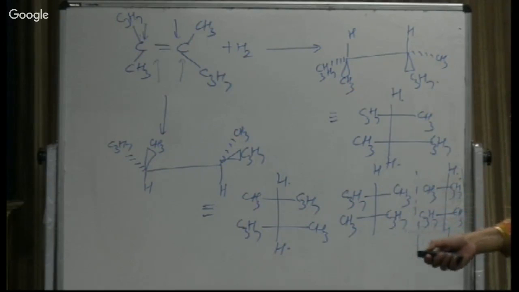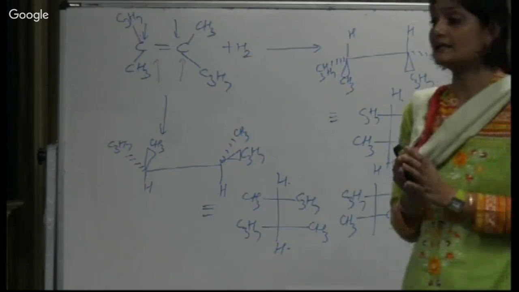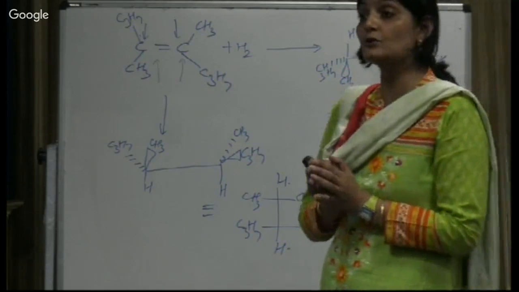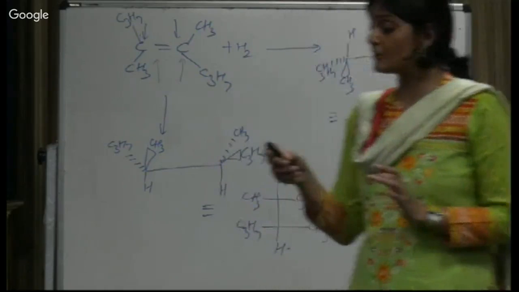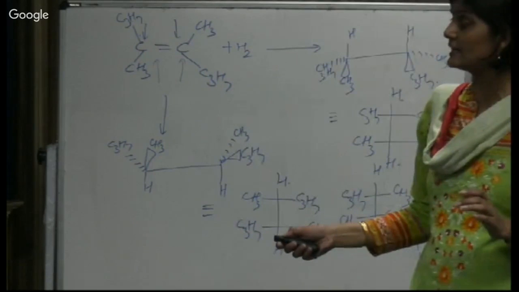The next method of preparation is from the alkyl halides. Now, I told you that alkyl halides can be converted into alkanes by 4 different methods. The first of those methods is the reduction.